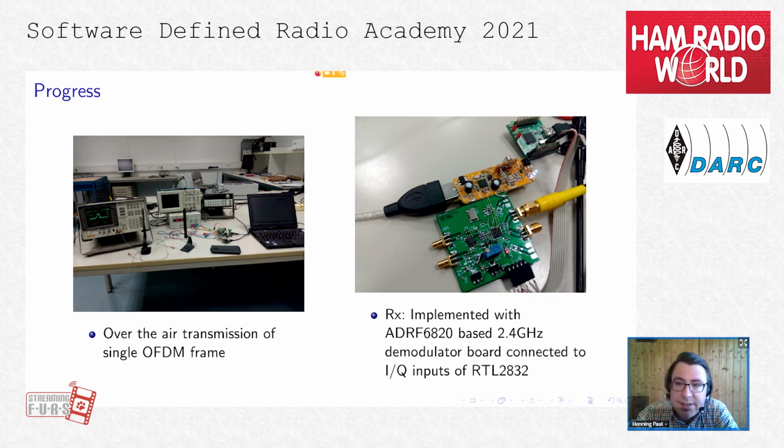Then I fed the baseband outputs into a plain, simple RTL SDR, into the IQ inputs. By doing so, I would basically get a 2.4 gigahertz RTL SDR, able to receive at 2.4 gigahertz ISM band frequency. So this was the idea.